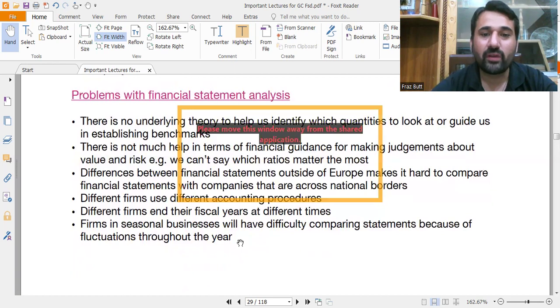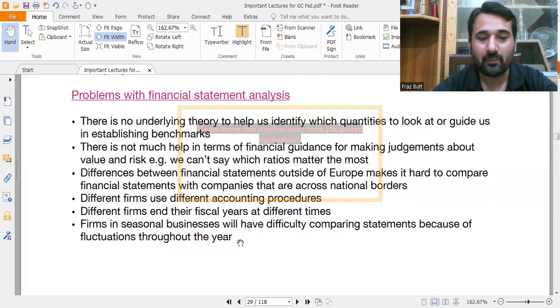So it also creates a difficulty for comparison purposes. And sometimes if it is winter in Pakistan, it may be summer in the USA. So the difference in the seasons also creates a problem. Different firms have their own seasonal businesses. This creates a problem for the financial statement analysis.